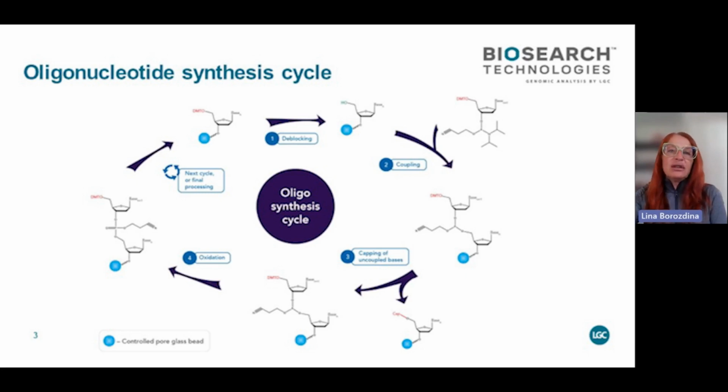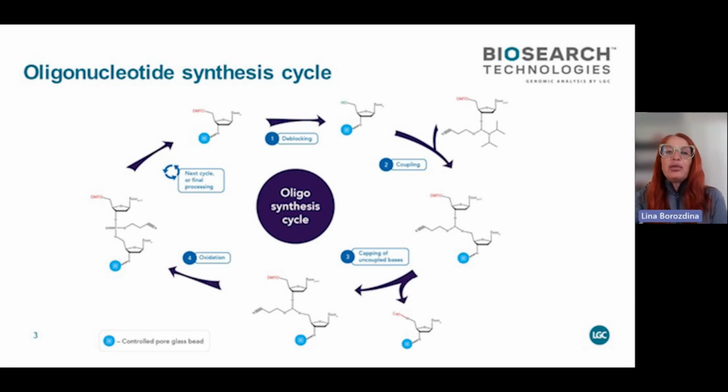So we start with your CPG or polystyrene and a base attached to it. The first base could be DNA, RNA, linker, any sort of modifier. This is your 3' end. The glass bead has a linker, LCA linker, attached.